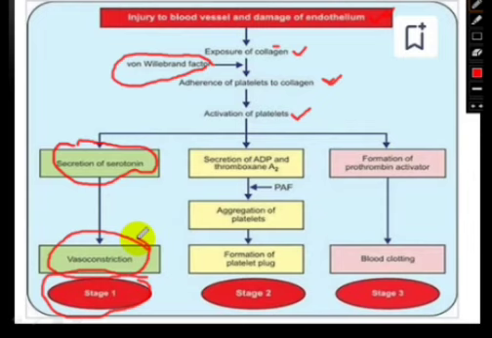So all of this explains stage 1 of hemostasis, which is vasospasm or vasoconstriction.